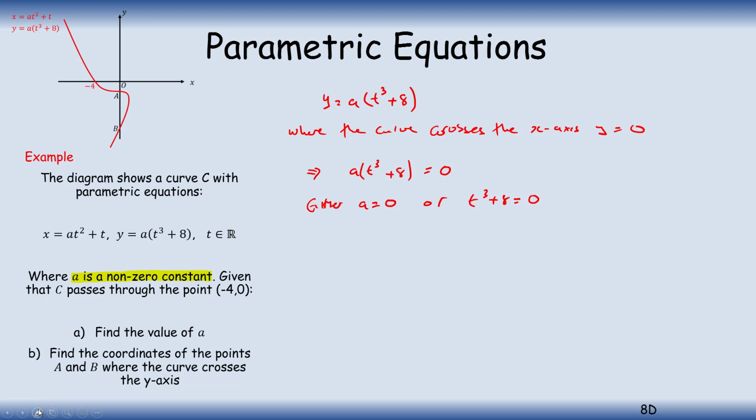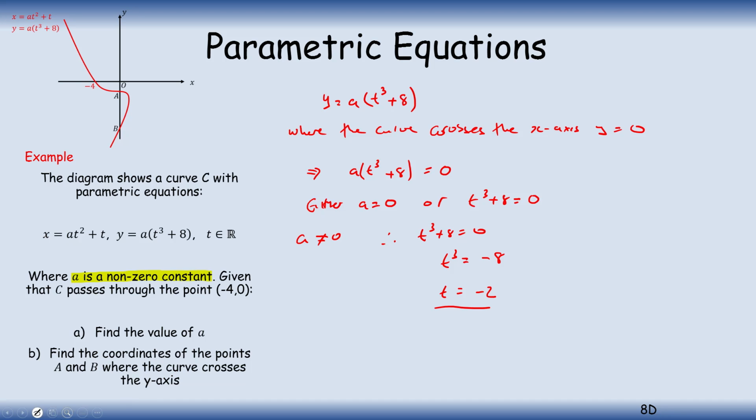So a can't be 0. Therefore, t cubed plus 8 is equal to 0, which means t cubed is equal to minus 8. And if you cube root both sides, t is equal to minus 2.